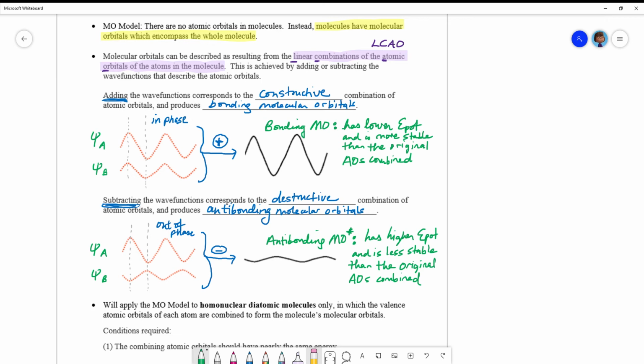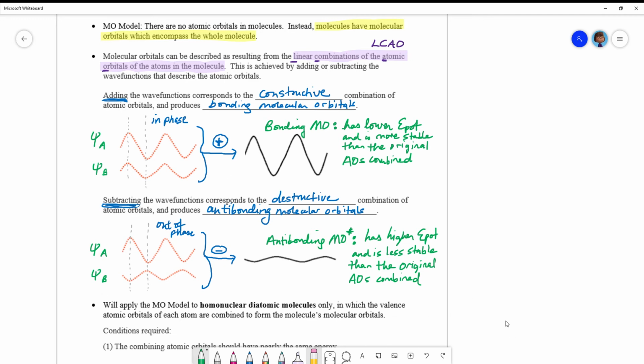And in one case we produce, if we're talking about orbitals, which are not quite analogous to two-dimensional waves, but I'm just trying to give you an analogy here, atomic orbitals can combine constructively in phase, producing bonding molecular orbitals, and atomic orbitals can combine destructively out of phase, and we end up with antibonding molecular orbitals.